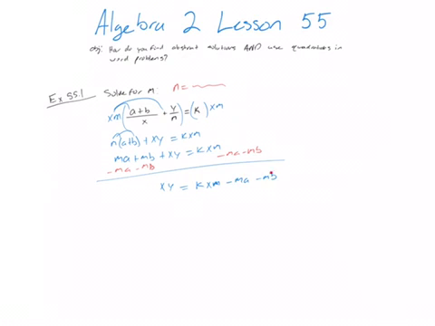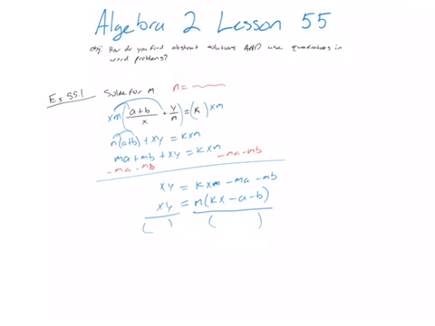Now why I did that is look over here at the right. What do all three of these have in common? The only thing they have in common is an m. And so I'm going to factor that out. I'm going to say m times kx minus a minus b is equal to xy. Now all I have to do to get m by itself is divide by that big monstrosity.